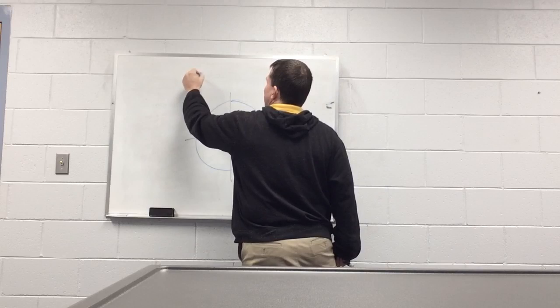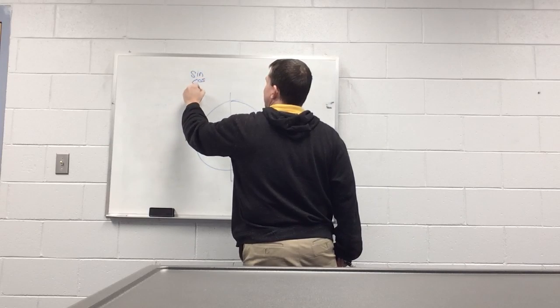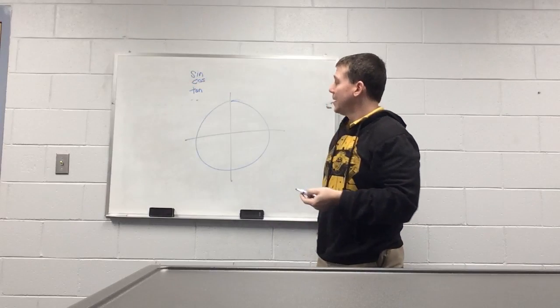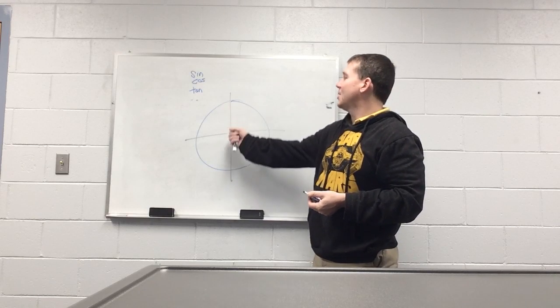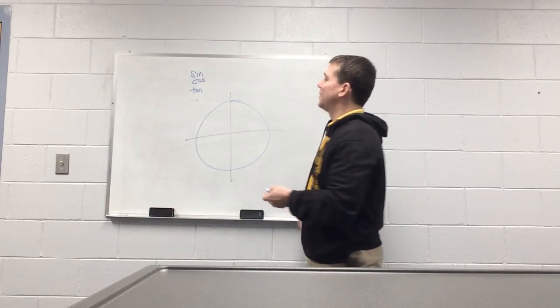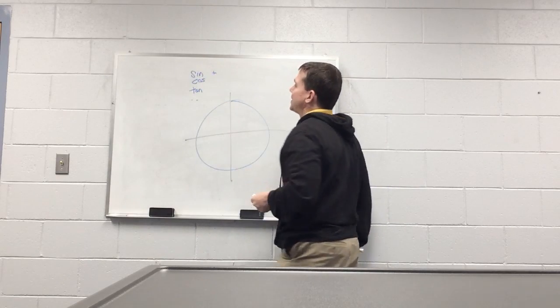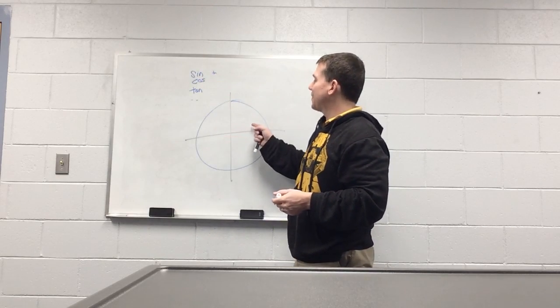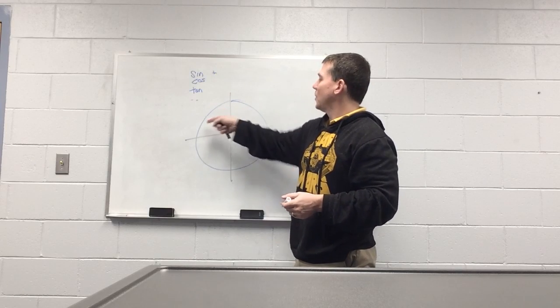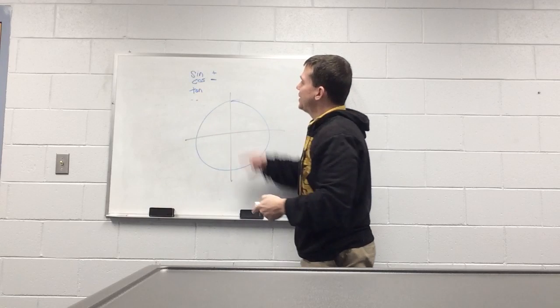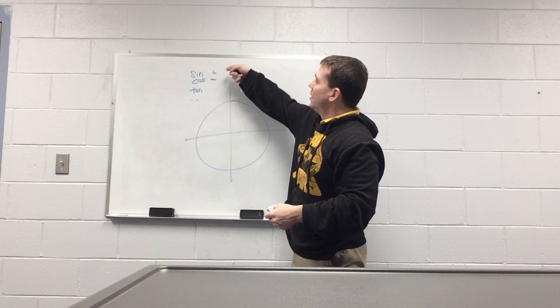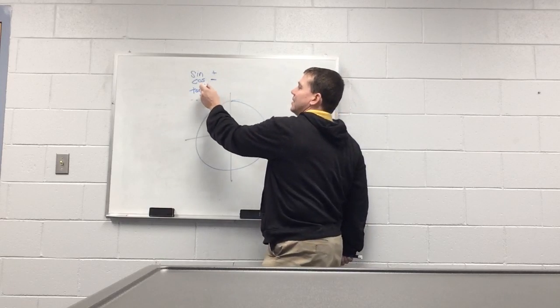To shortcut this, we'll have sine, cosine, and tangent. I'll leave off the reciprocals. In this quadrant right here, is sine positive or negative? Sine is the y value. In this quadrant, we're above the axis, so sine is positive. Cosine is the x value. This quadrant, we're to the left of the axis, so cosine is negative. Tangent is the quotient of these two. Positive divided by negative is negative.